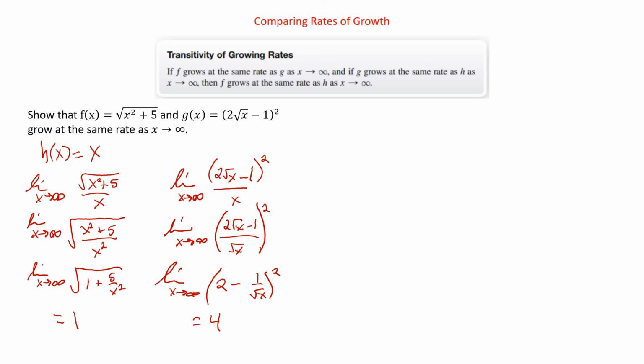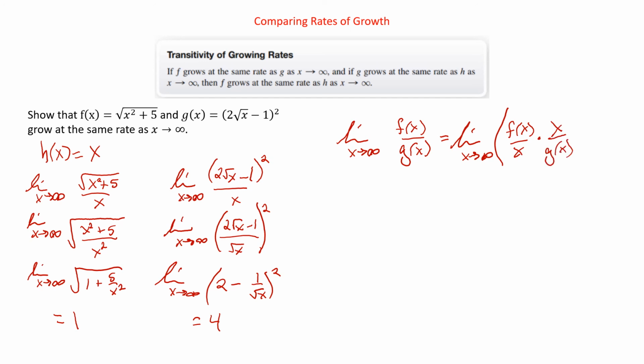Now, what if we wanted to figure out what it would come out to be by finding the ratio of the two? Well, if we wanted the limit as x goes to infinity of f of x over g of x, we're not doing that separately, but we can split that up. And this is kind of where the proof of the transitivity deal comes from. We could go f of x over x times x over g of x, right?